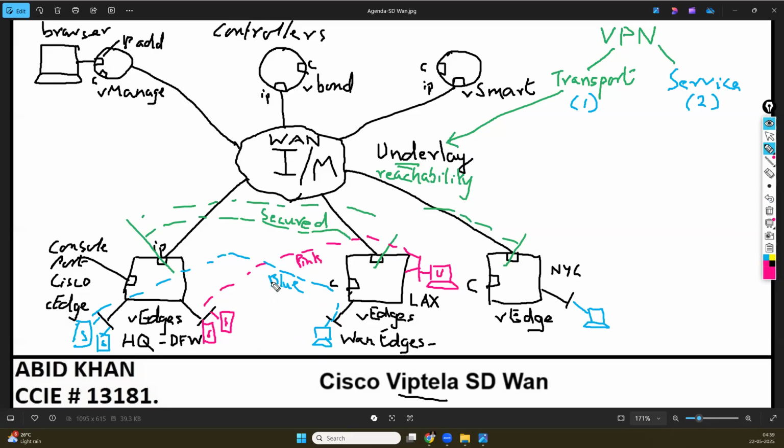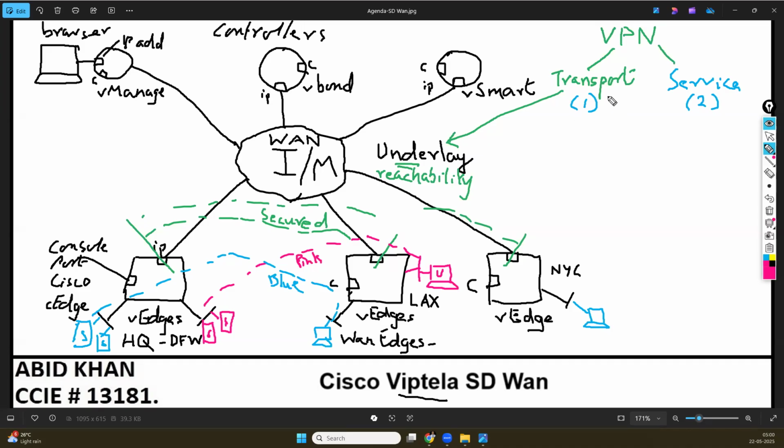Both will be called service VPNs. And the underlay on which this service VPN traffic goes will ultimately go through this WAN, and this east-west, north-south communication will also go ultimately through this WAN.